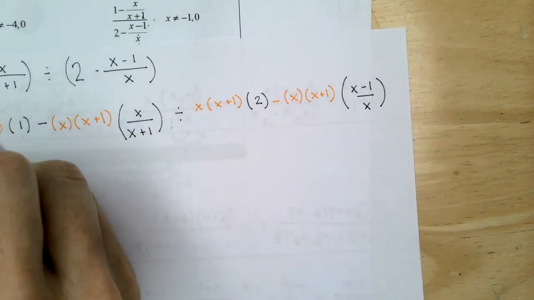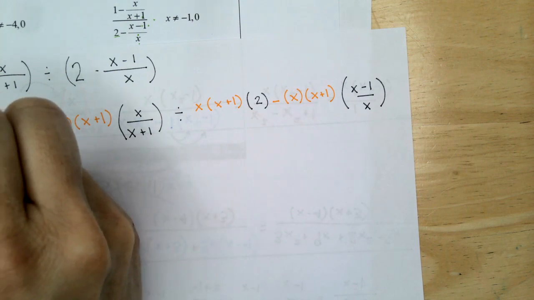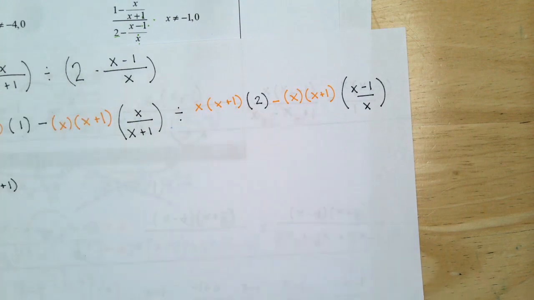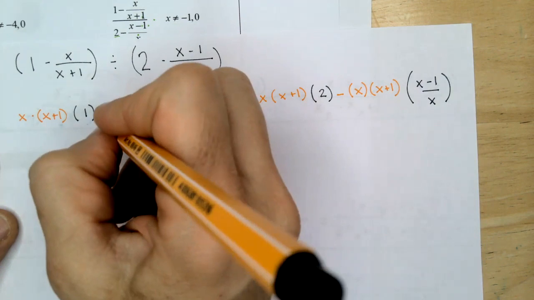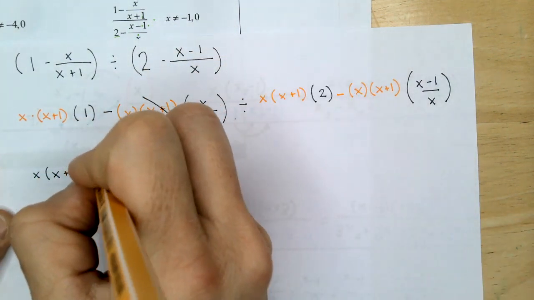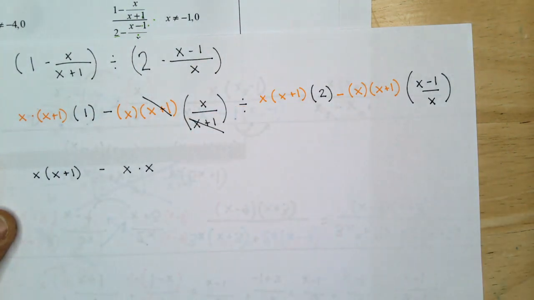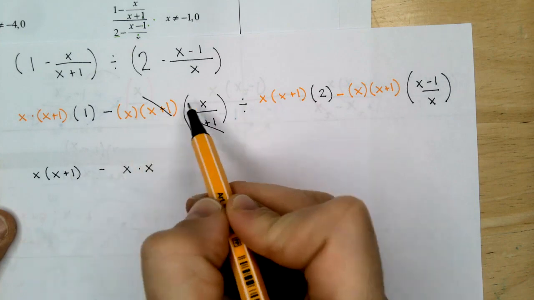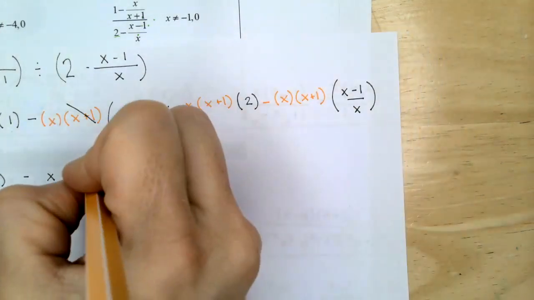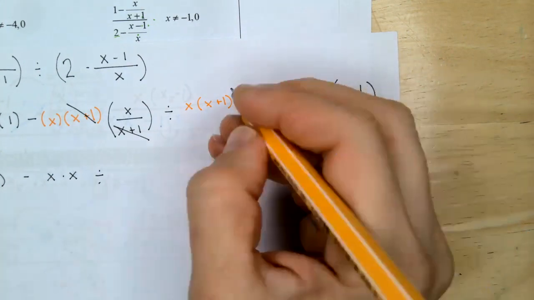Here, 1 times x plus 1 is just x times x plus 1. This cancels with this, so then I have minus x times x, right? Orange x and black x. Divided by x times x plus 1 times 2.